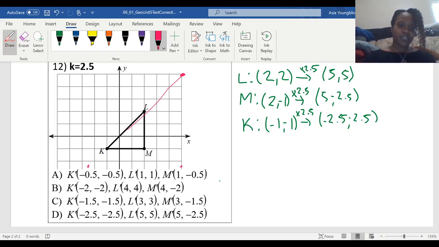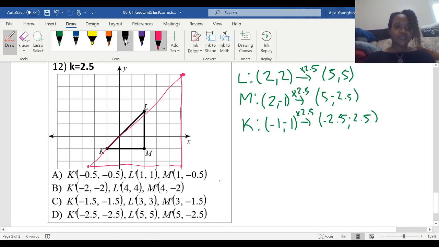Connecting these 3 points shows us that we have a similar triangle. Same shape, different size. And our final answer for number 12 is going to be, if I look at K, it says K is negative 2.5, negative 2.5, so it has to be this answer, B.